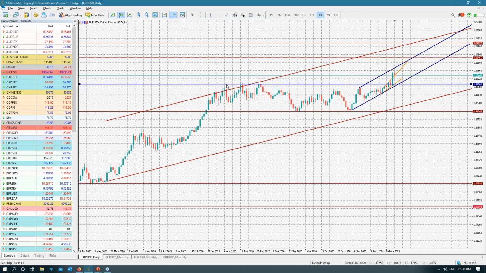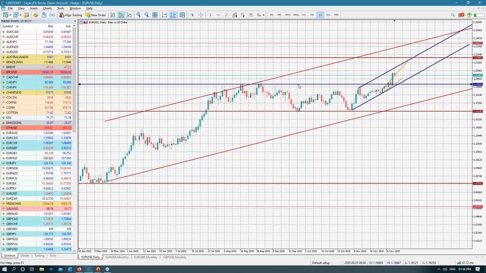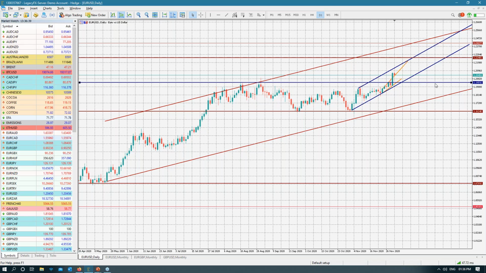What if I take the middle of these 2? Wait a minute. There's 5 trading days. It's about half of a week. There's some correlation there, funny enough. So here, we can safely say that this is probably the strongest daily resistance we have.